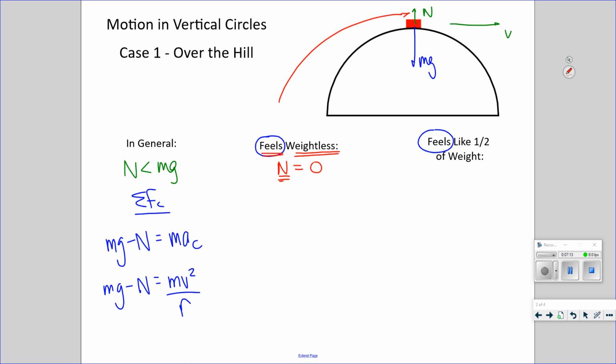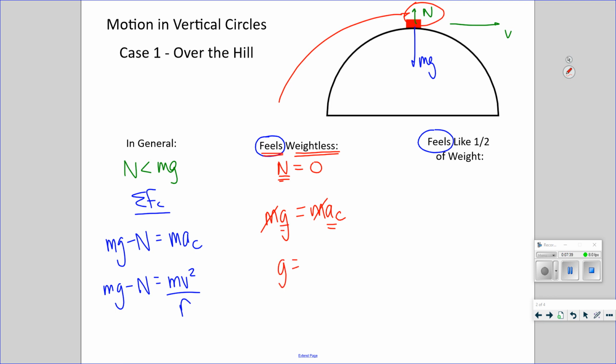If we made this normal force nothing, this object still has a force, mg, that points towards the center of its circular path. mg all by itself provides centripetal force. We'd say mg is m a_c, so your centripetal acceleration must be g.